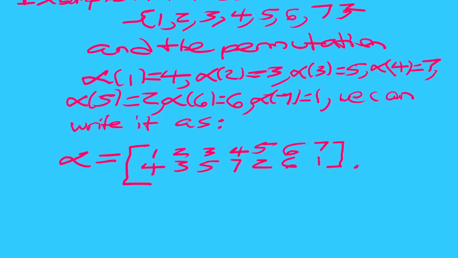So basically, what this array is showing is that the top number is our input, and the second one is our output. So we have alpha 1 equals 4, so we have 1 going to 4, 2 going to 3, and so forth.